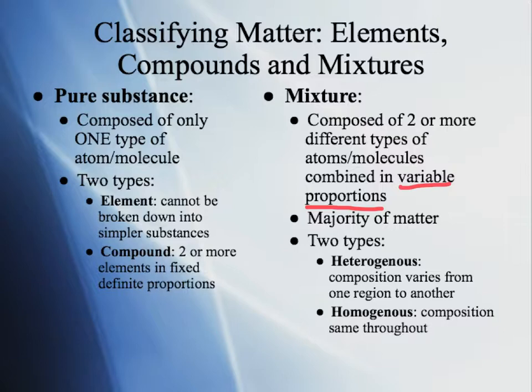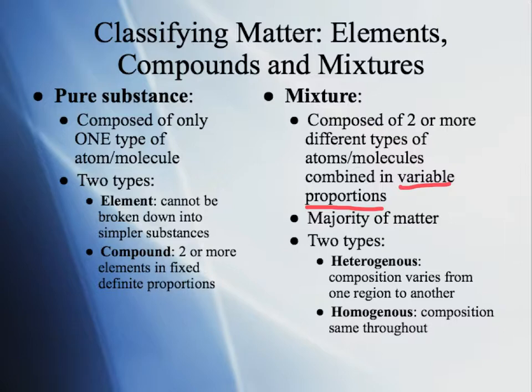In one part of the ocean, nearest the shore, the salinity may be higher. There might be more salt in that part than way out in the deep part of the ocean. So mixtures have variable proportions.